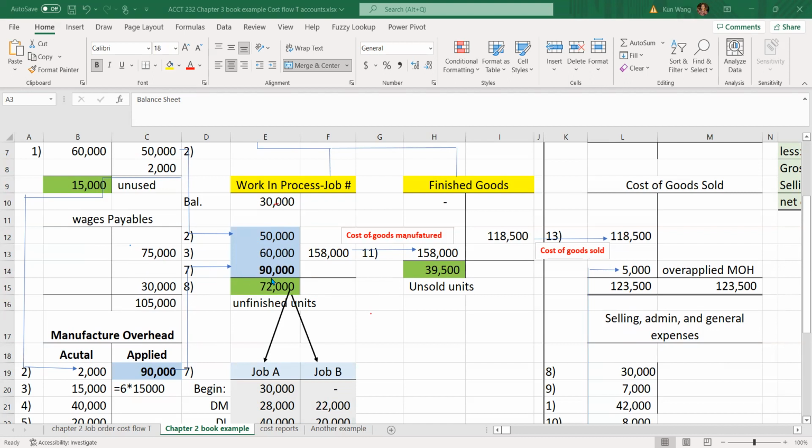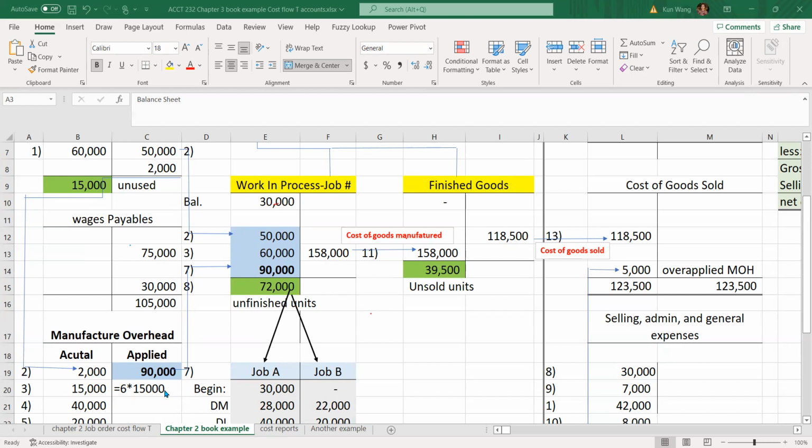Then the manufacture overhead. Now let's focus on the applied manufacture overhead. We explained the reason for using applied overhead in chapter 2. For our example here, the applied overhead is $90,000, and this 90,000 is based upon 15,000 total direct labor hours.